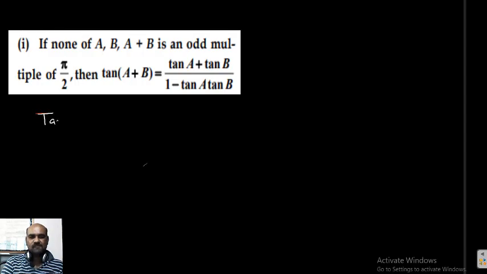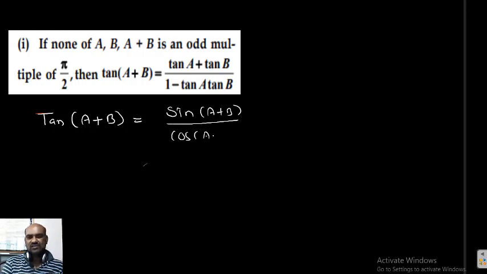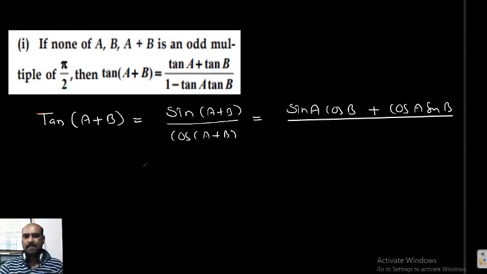Tan of a plus b, first of all, is the same as sin of a plus b by cos of a plus b, which is the same as sin a cos b plus cos a sin b, divided by cos a cos b minus sin a sin b.